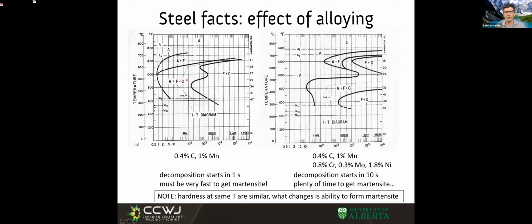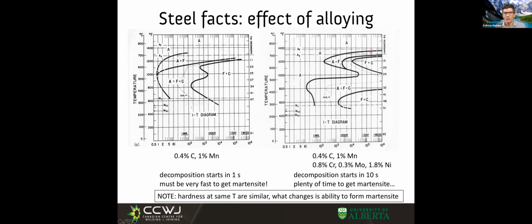We'll discuss this later. However, if I take 5 seconds to cool down this steel that is so highly alloyed, see what happens. We will end up straight in martensite, right? Very hard. Now this is easy to weld. This is very difficult to weld. That's the effect of alloying.